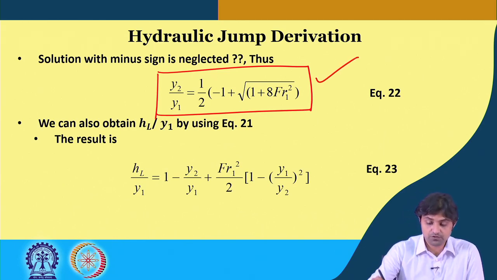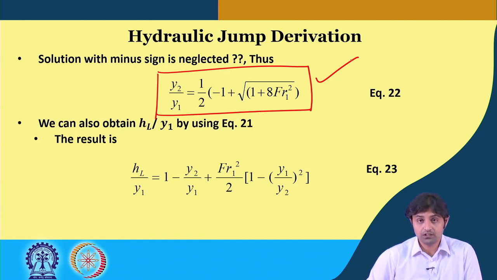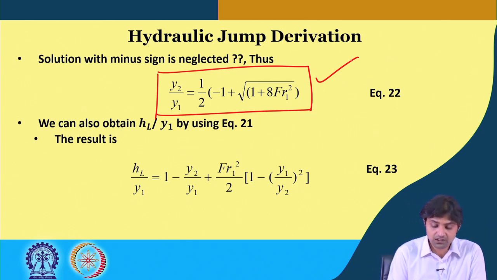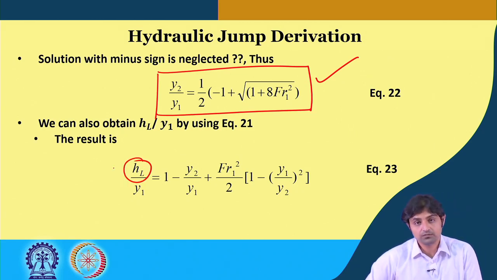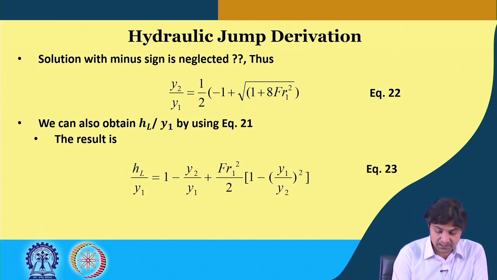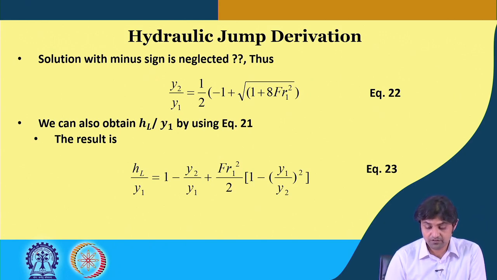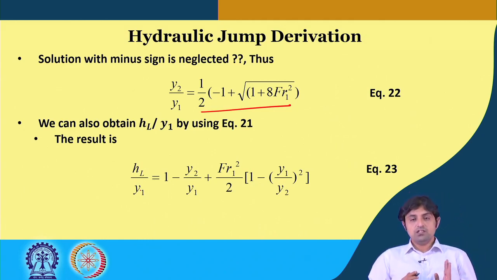So, this is the final solution, and using the energy equation, after we have got y2 by y1, we can obtain the head loss HL. All right. See, what happens is when the condition at upstream is always known, we would most of the time know what the discharge is, what the velocity is, what the height of the water is at the upstream end.